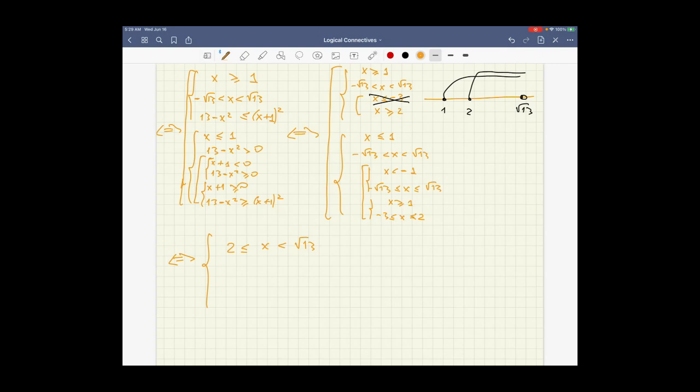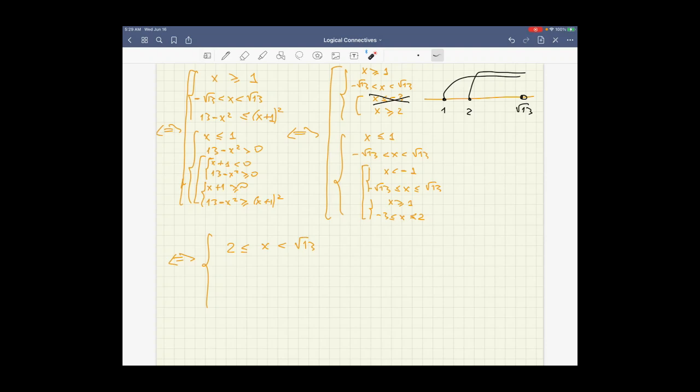Now what about the second system? Well, in the second system, this system cannot have a solution because it's inconsistent with the requirement that x be less or equal than 1, except if x is 1.